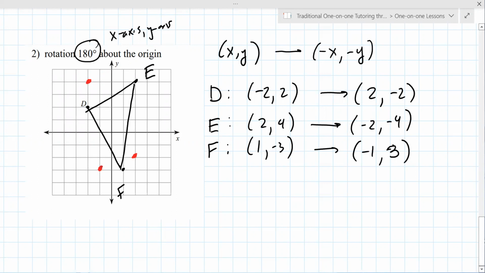The last one doesn't quite look right, but when you draw it, it should have that appearance of being reflected over both axes. Oh, I did graph that wrong, that last one in the wrong position. So I've made some of the classic mistakes here, which is I graphed the last point wrong, -1, 3.